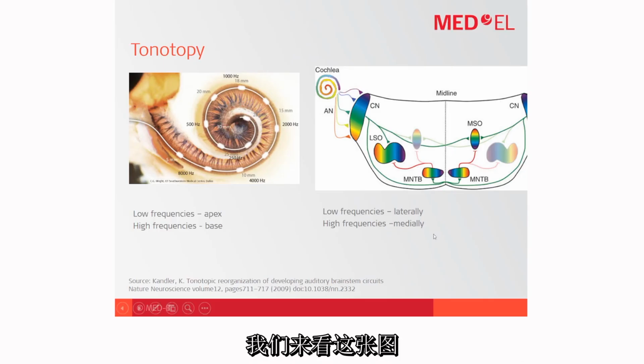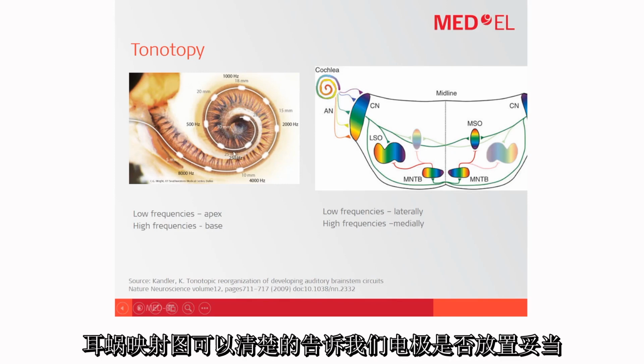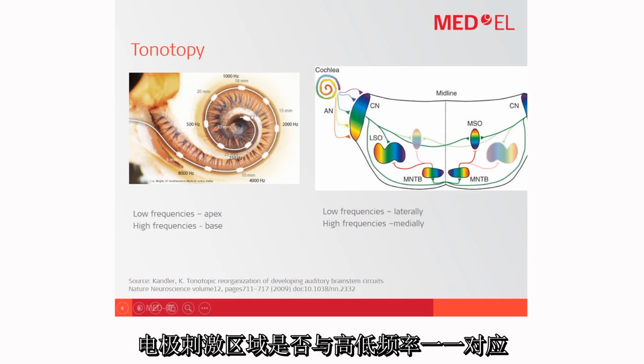So you can see here, in the image, the electrode array placed into the cochlea, and you learned from previous lectures that the cochlear tonotopic map has been widely studied, and is very clear that when you place an electrode fully inserted into the cochlea, this electrode would typically stimulate lower frequencies, while your basal electrodes would typically stimulate higher frequencies. Now, what is the equivalent for a cochlear nucleus?